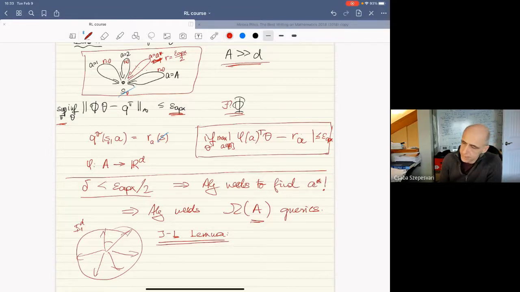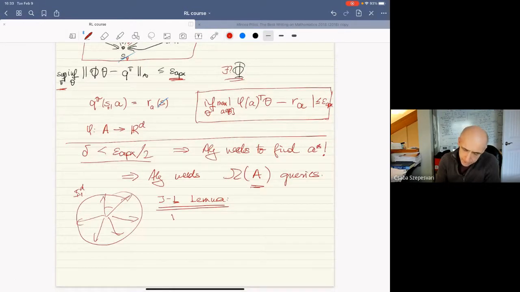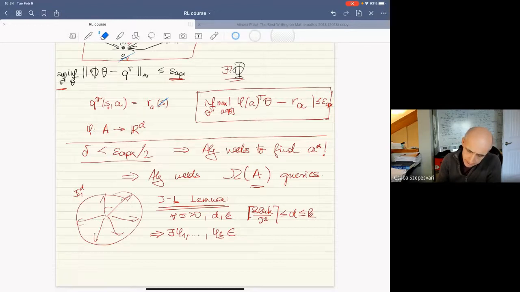which states the following thing. For every tau and integers d and k, such that the ceiling of a times log k divided by tau squared is not more than d, and d is not more than k, then there exist these vectors phi 1 to phi k, which are unit vectors, so they are on the d-dimensional sphere.